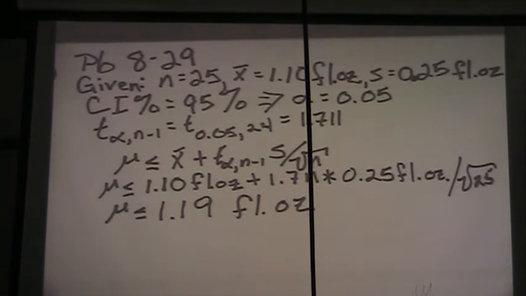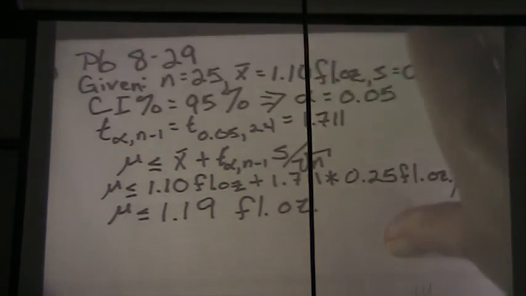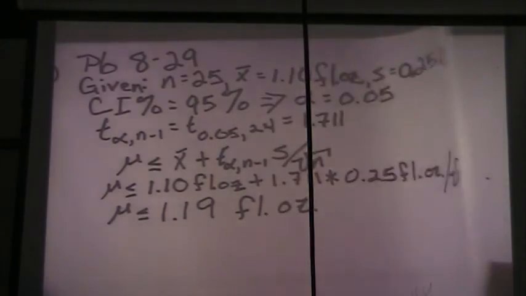All right, let me check the time here. All right, so we did problems on how to find our T alpha divided by 2 with n minus 1 degrees of freedom, on how to find our T alpha with n minus 1 degrees of freedom, how to do a two-sided confidence interval, how to do a lower bound confidence interval, and how to do an upper bound confidence interval.